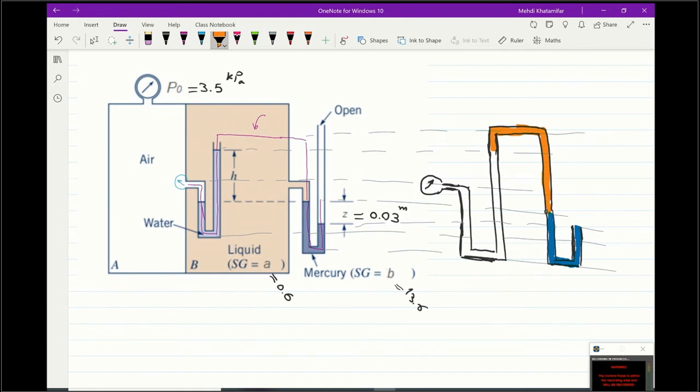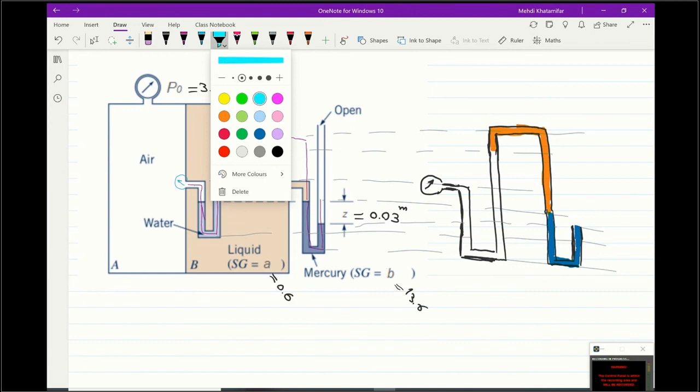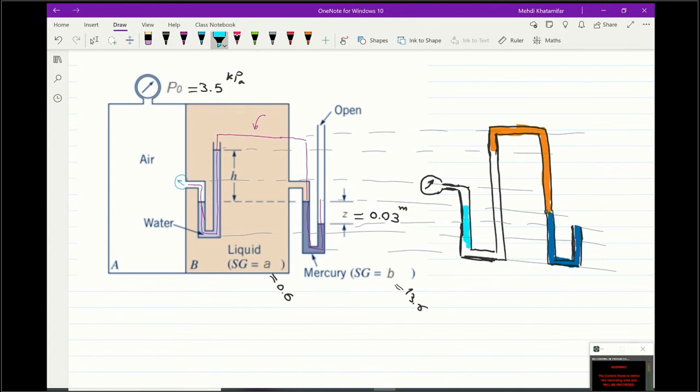So I'm going to use this bluish as the water level. It starts from here up to there. Great. And let's identify where H is. H is going to be from here to here. Yes. Okay, correct.